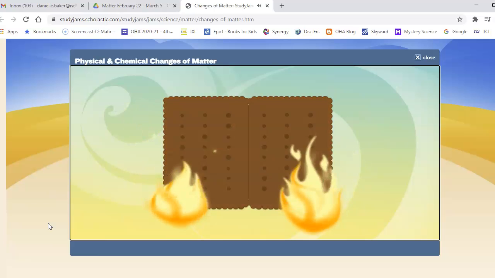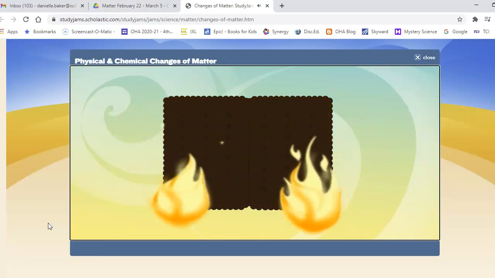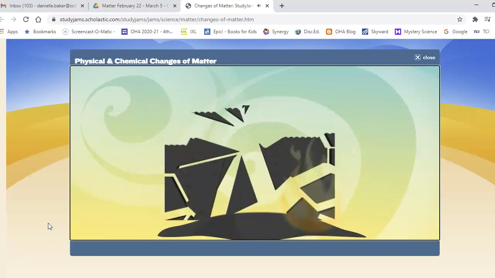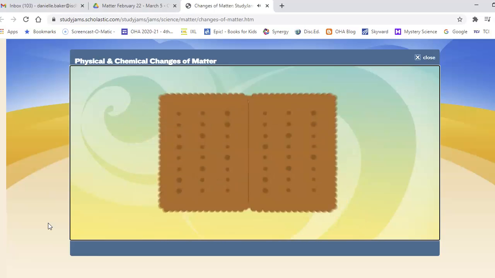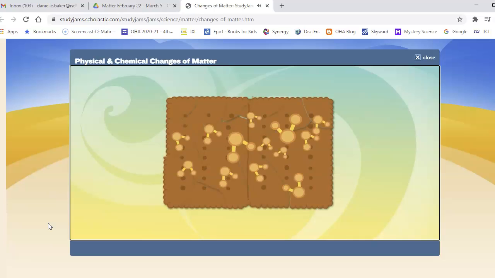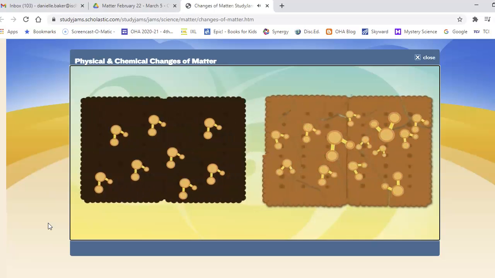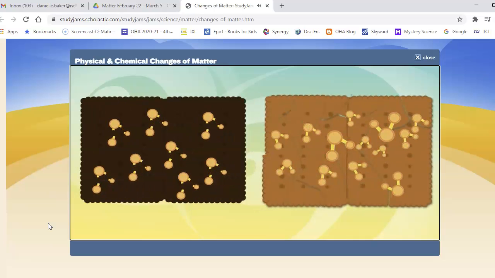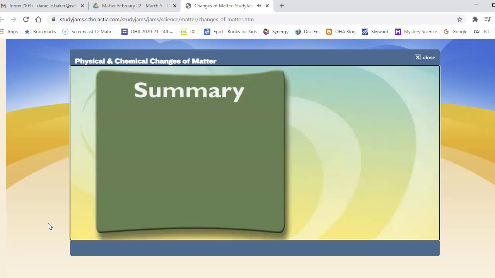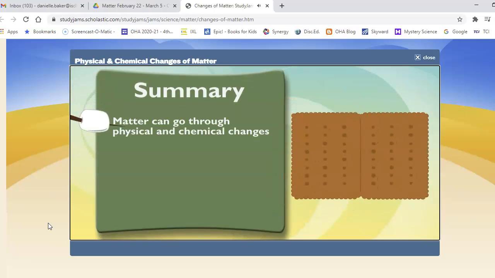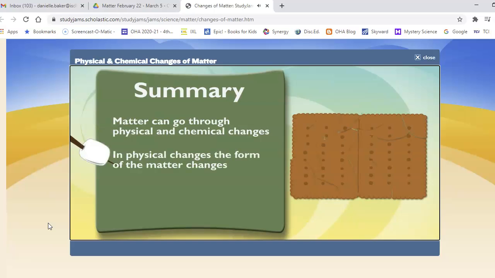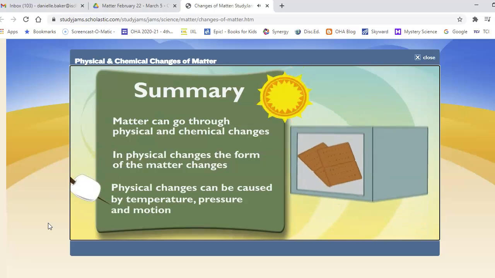If the crackers had been burned, we wouldn't have been able to turn them back into crackers. We probably wouldn't even be able to tell they were crackers to begin with. So really, broken crackers? Not so bad. And burnt crackers? No good. You got it. Okay, I think I understand the difference between a physical and chemical change now. Breaking the crackers was just a physical change because only the form of the crackers was changed.